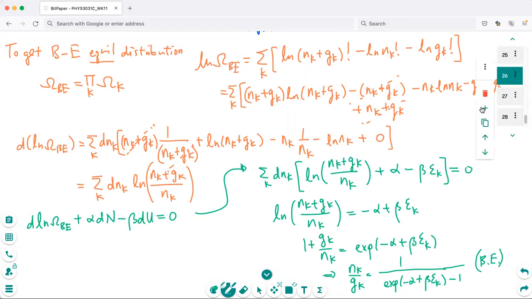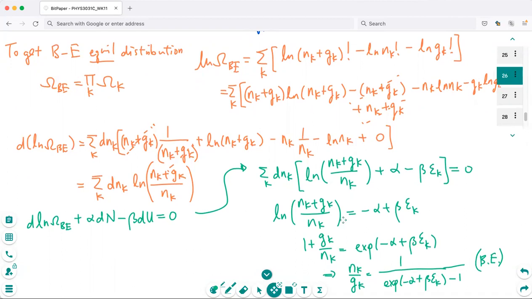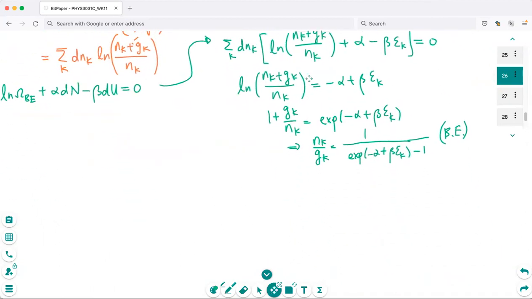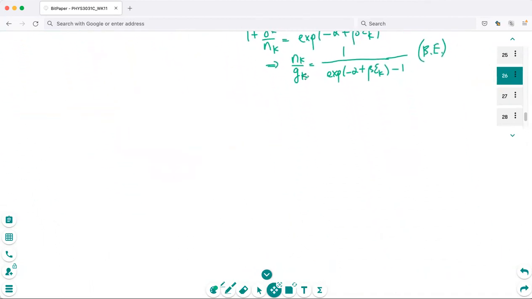Okay, next. Let's copy. And we need this. Actually, we just need this. Okay, now suppose you do the same thing for the fermion. You take the other omega, right? The one for fermion, and repeat the same trick.